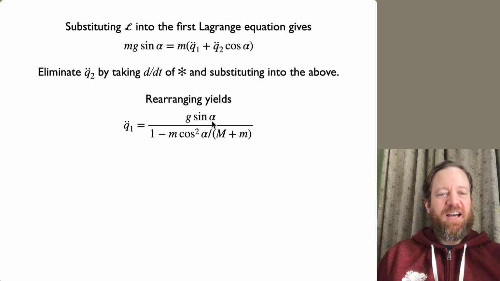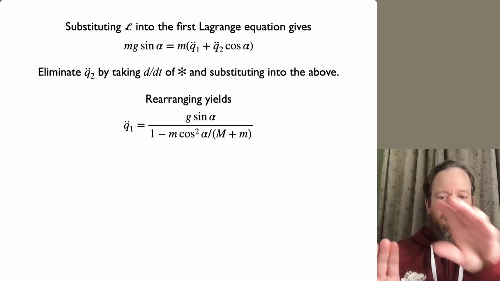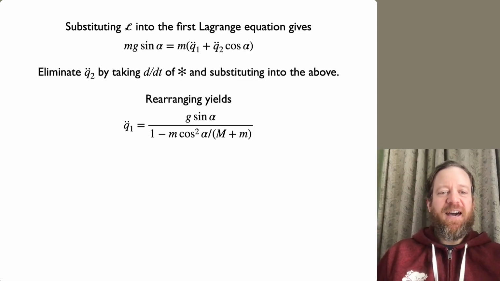It's a constant. Alpha is our wedge angle. It's a constant. Little m and big M are constants as well. So what we find is that the acceleration of our block down the wedge is going to be at a constant rate. Okay, so that's nice. That would have been maybe a little bit hard to see in advance.